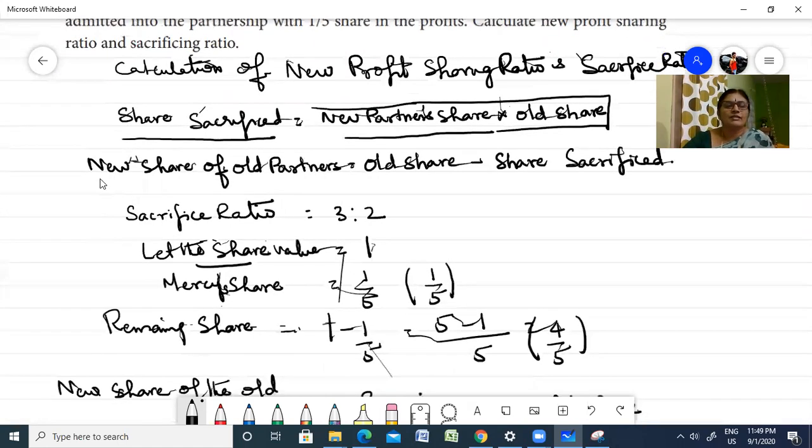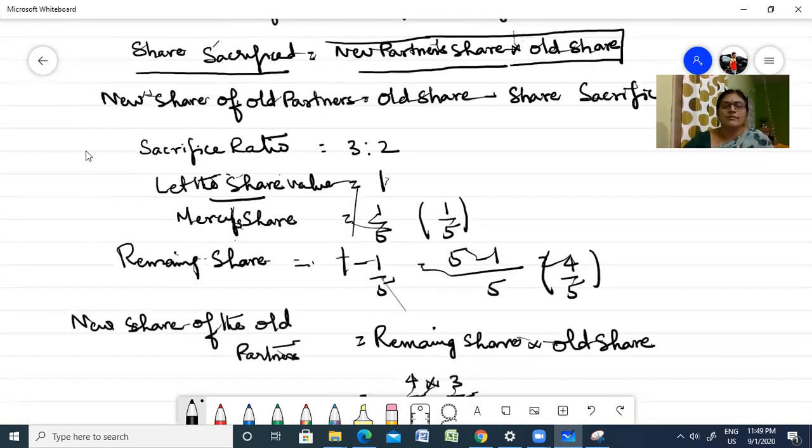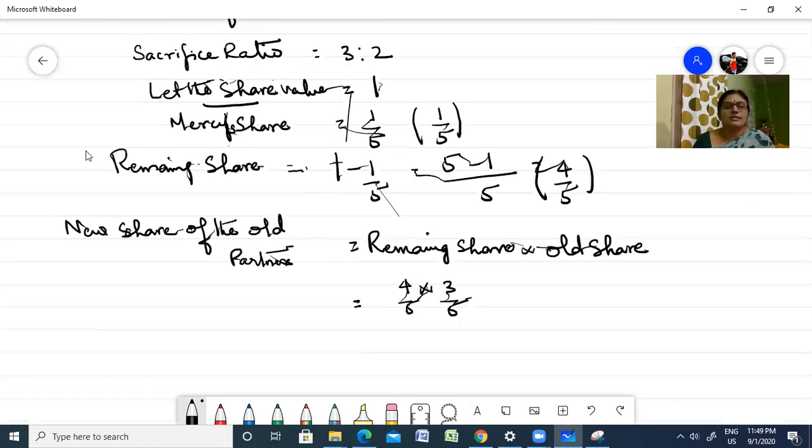So Mala's share is 4 by 5 into 3 by 5. The next person, Anita: Anita's new share is 2 by 5 into the remaining share, 4 by 5.